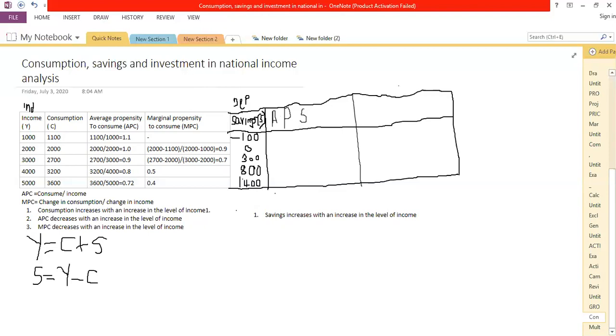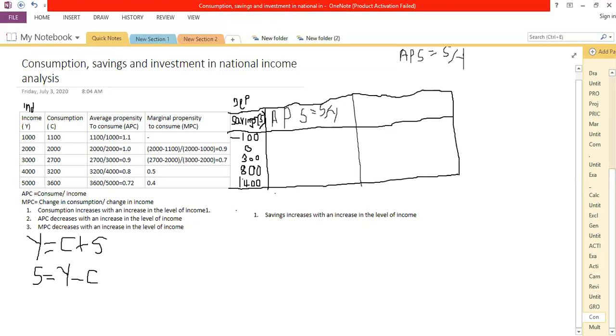And the average propensity to save, the APS, is computed as you take your savings and find them on average of the level of the income. Savings divided by the level of the income. We're using the notations, S for savings, Y the income level. And let's see what will happen when we determine our APS as we relate it to the level of the income.